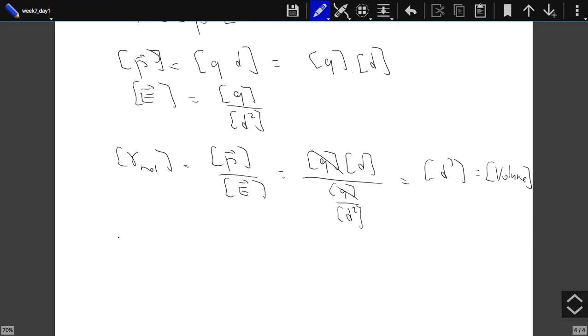So you see, since it is a volume, you can compare that now to 1 meter cubed. Gamma mole will be typically V0.